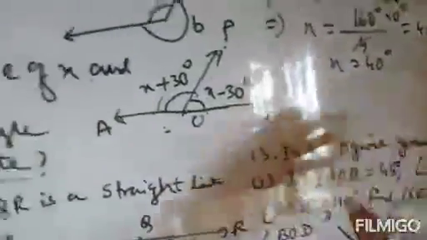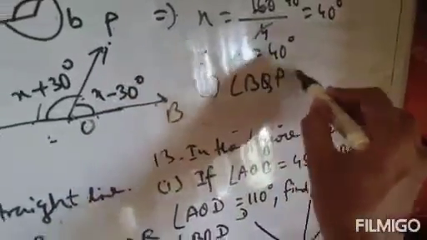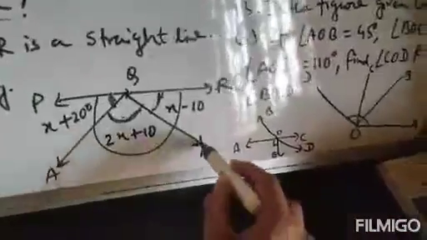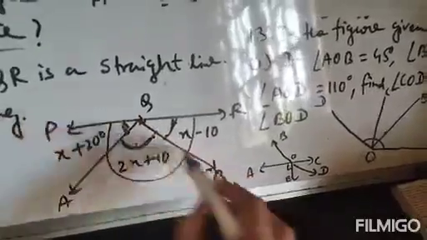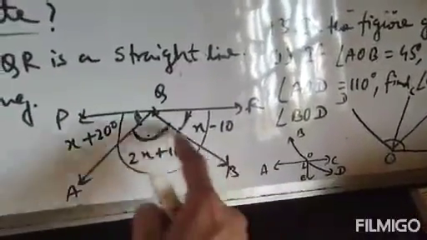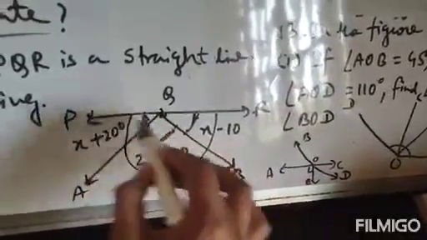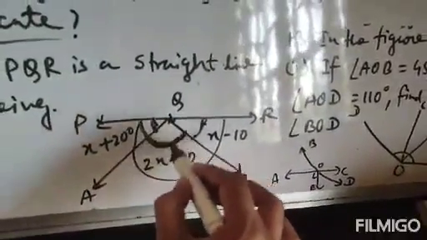Next question, question number 2, angle BQP. Now BQP means this total part.